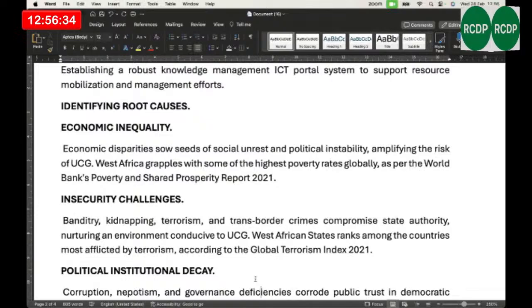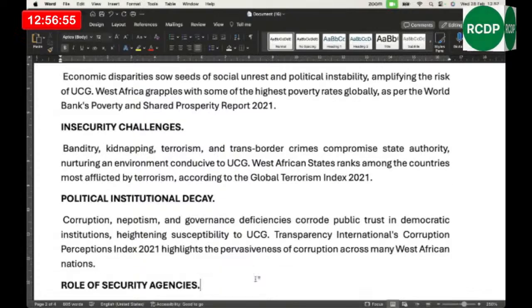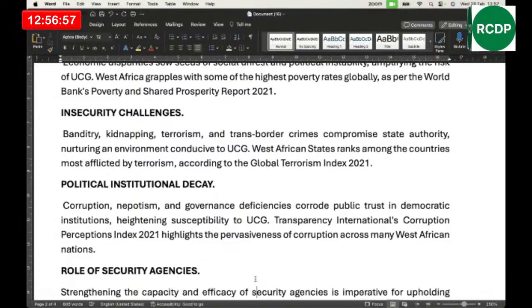West Africa is now grappling with some of the highest poverty rates globally, as per the World Bank's Poverty and Shared Prosperity Report. So there's a lot of discontent in economic levels of poverty in West Africa. Then the other one is insecurity challenges.